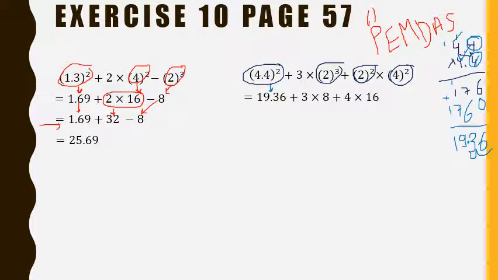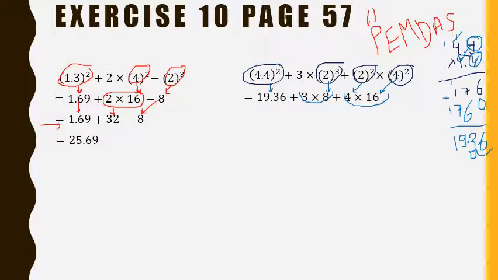We saw it here. Plus 3 times 2 cubed, 2 times 2 times 2 equals 8. 2 squared is 2 times 2, which is 4. 4 squared, 4 times 4, 16. Now I have addition and multiplication, so priority goes to multiplication.